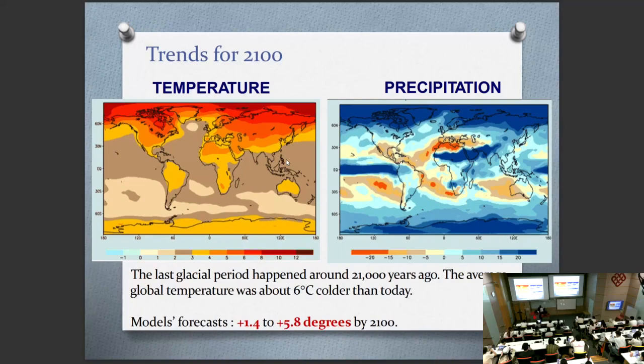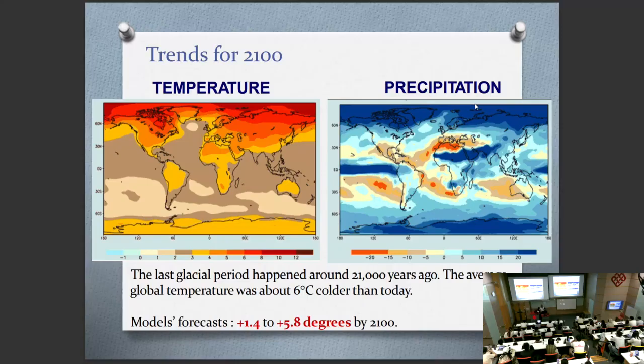How about rainfall? Why is it related to rainfall? Why will global warming cause heavier rainfall? For those who understand the psychrometric chart, does anyone know how to read the psychrometric chart? No? Okay, just forget about the psychrometric chart.